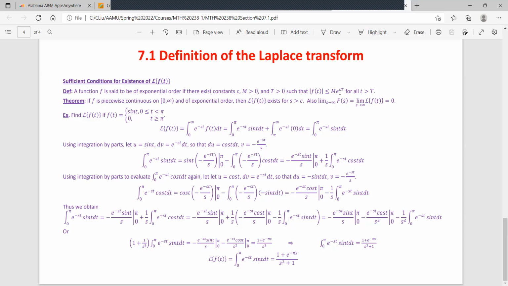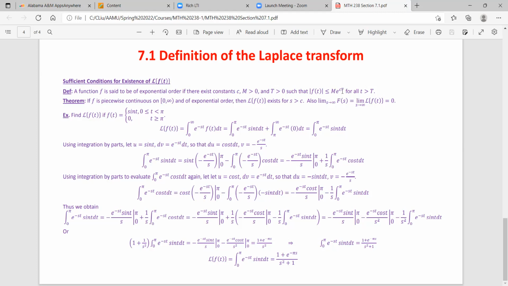So in other words, this function f needs to be bounded by an exponential function. If you draw the curve of the function and you draw a curve of the exponential function, the function f should be below the exponential function. Then we call f to be of exponential order.